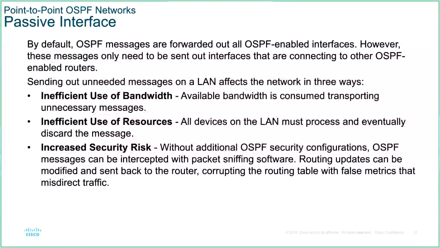And the last one there, your resources. You might have old legacy devices still within your network that may not have the same amount of resourcing available, so you might want to put that in a passive mode, for example.